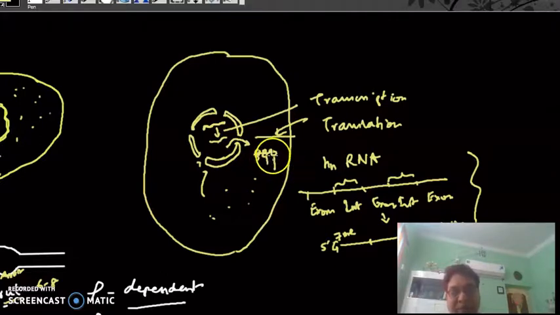Therefore, in eukaryotes, we find transcription and translation in separate places, separate time-wise as well as space-wise. So that is the significance of the nuclear membrane, why it is present in the eukaryotic system and absent in the prokaryotic system, because prokaryotic genes are not split genes. They are continuous. There is no exon-intron kind of thing in prokaryotes.